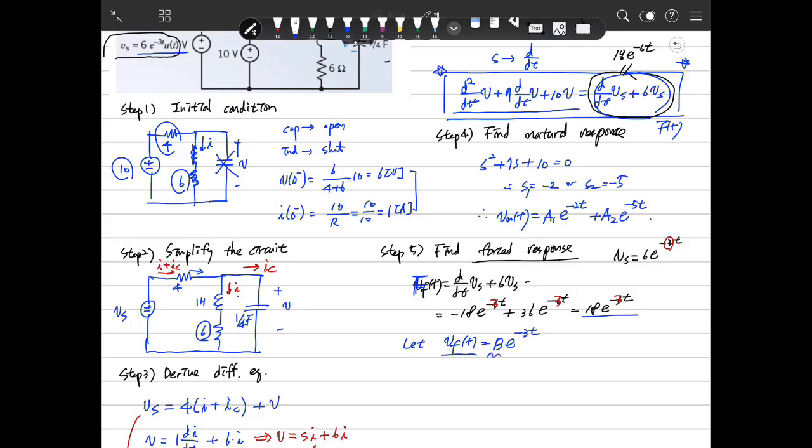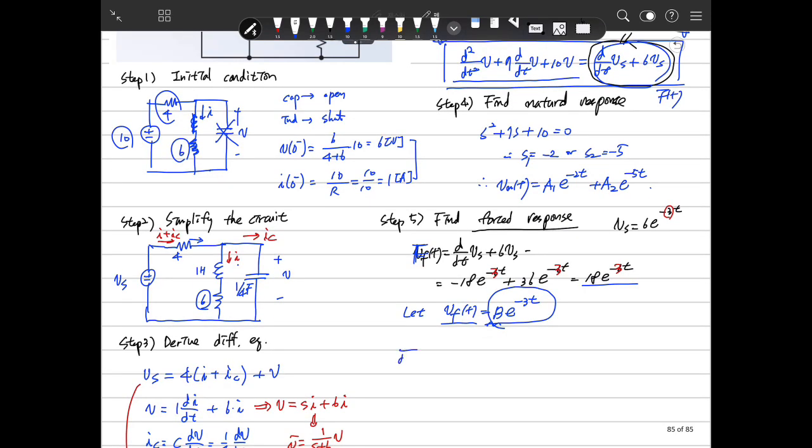Then we need to find out the b. I can do that. You apply these terms to here: d squared/dt squared of b exponential minus 3t, plus 7 d/dt of b exponential minus 3t, plus 10 b exponential minus 3t is 18 exponential minus 3t.